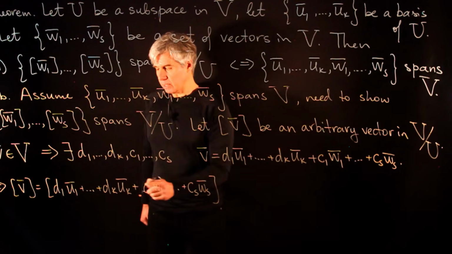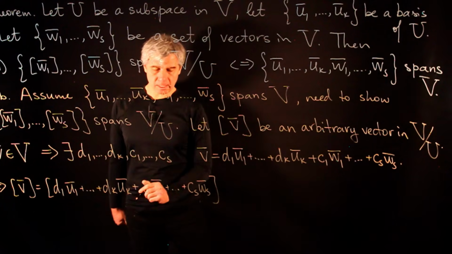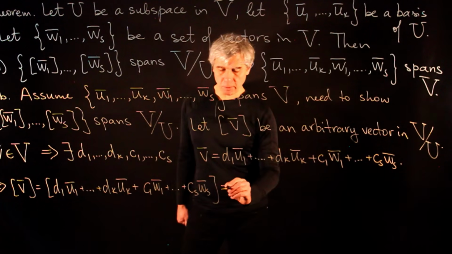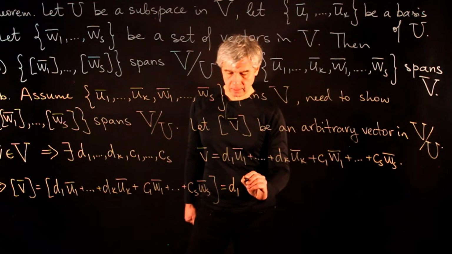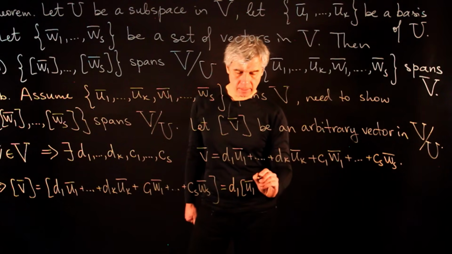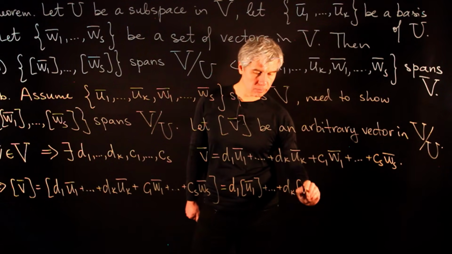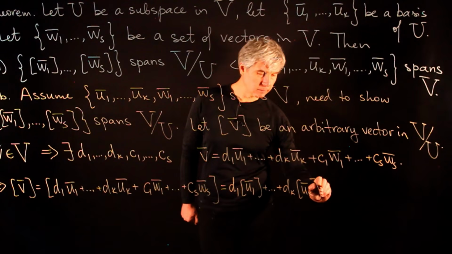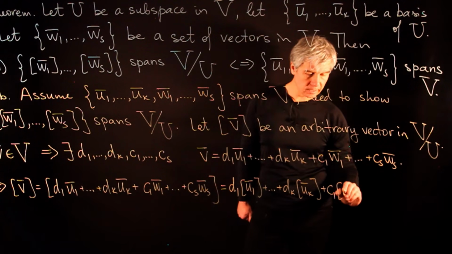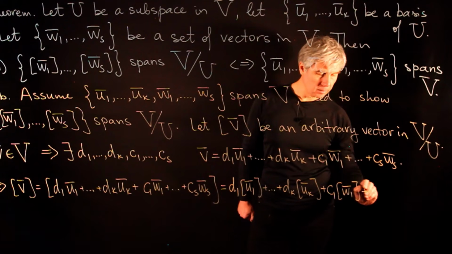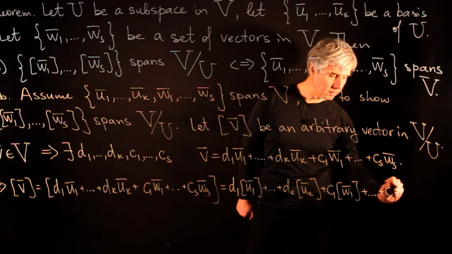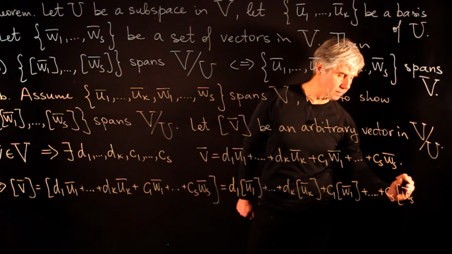But we know that the equivalence class of a sum is the sum of equivalence classes. So this can be written as D1 times the equivalence class of U1 plus ... plus Dk times the equivalence class of Uk plus C1 times the equivalence class of W1 plus ... plus Cs times the equivalence class of Ws.